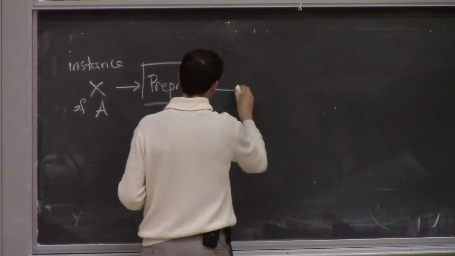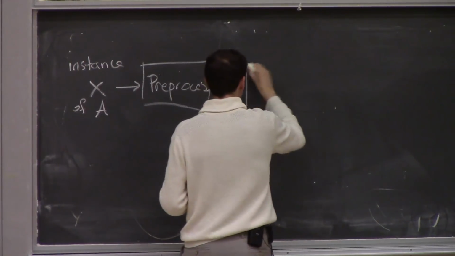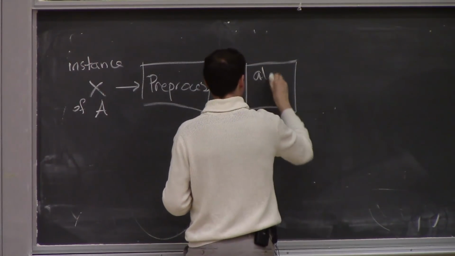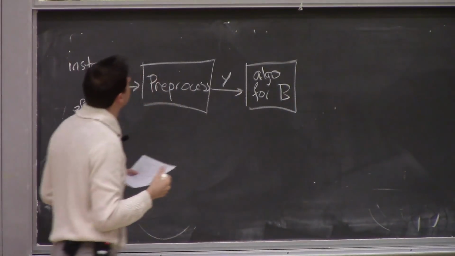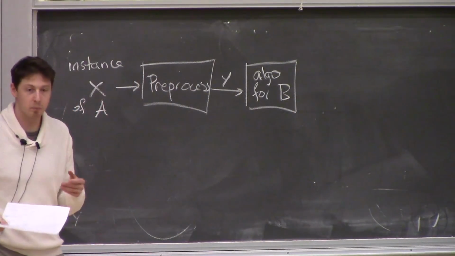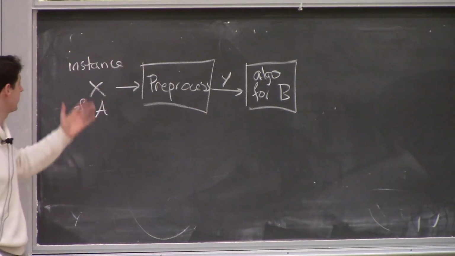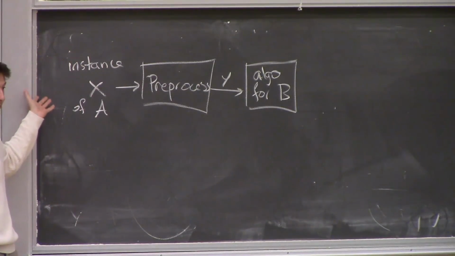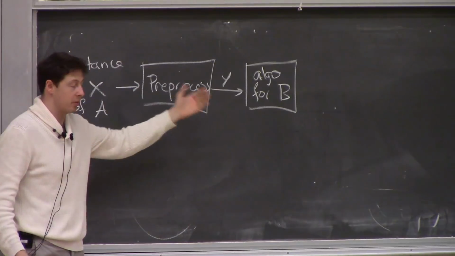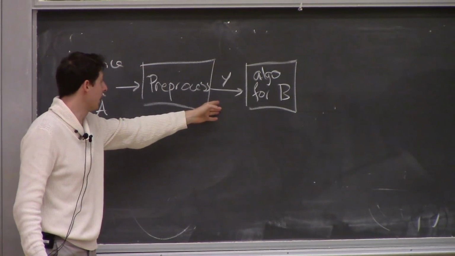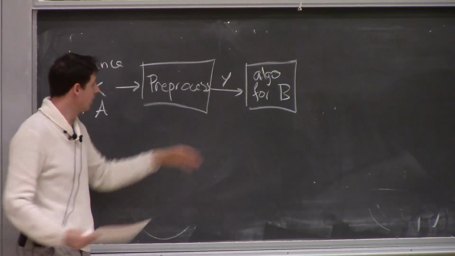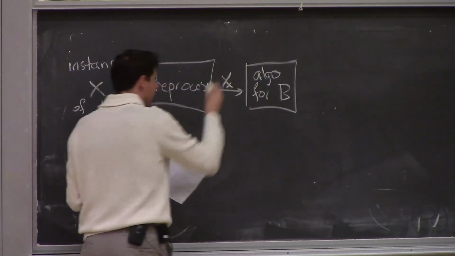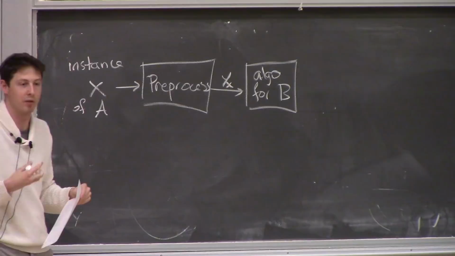Because out will come some other instance for the algorithm for the problem B, right? So B potentially understands different things than A does. A will accept certain inputs. B will accept different types of inputs, and therefore we need to somehow program Y, with X in its heart, right? Y carries X somewhere for us, right?